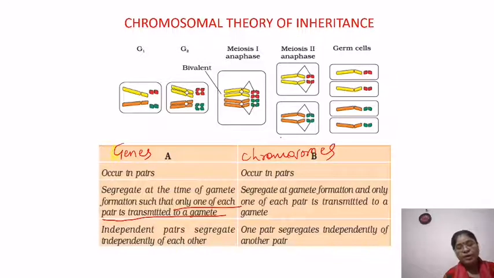Independent pairs segregate independently of each other, so one pair of chromosomes segregates independently of another pair.